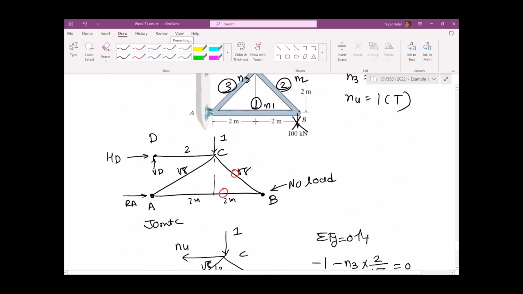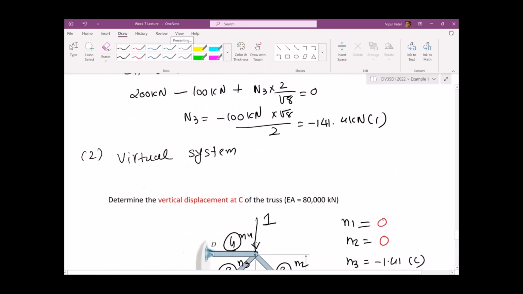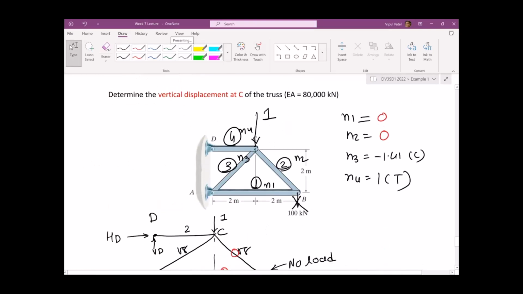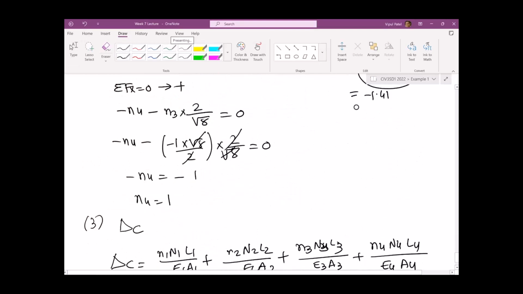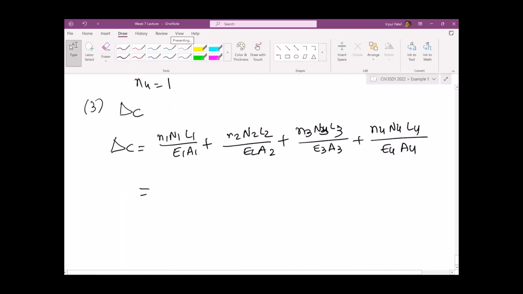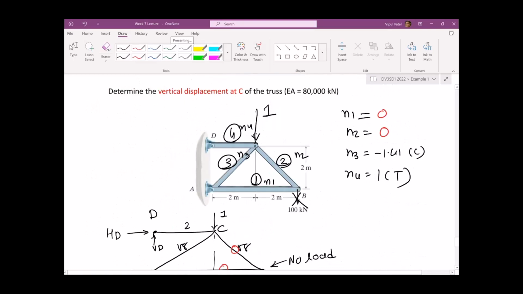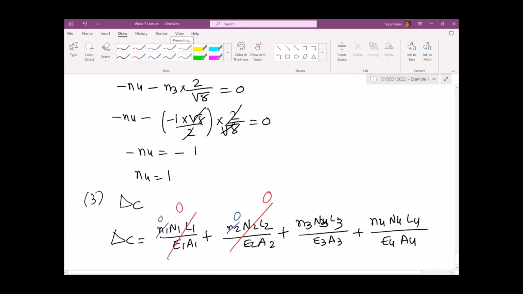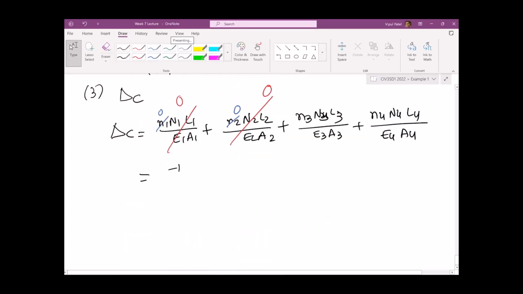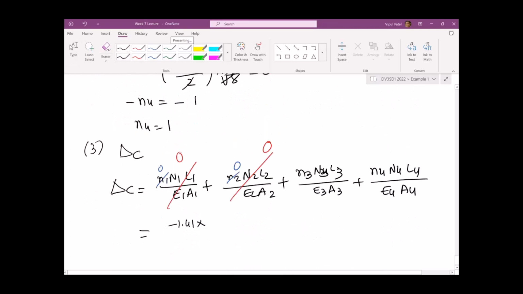Looking at this one, you have small n1 and n2 as 0. Look at this, n1 and n2 are 0. So straight away, these terms are 0, and the whole thing gets 0. So we don't need to worry about that. Small n3, we have minus 1.41. We can substitute that. Capital N3.